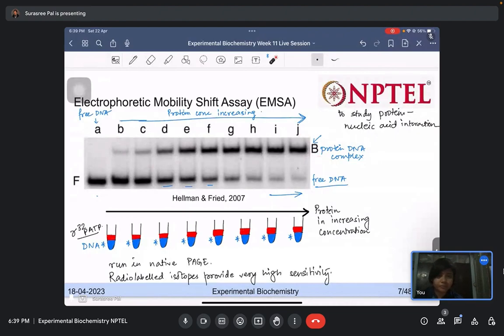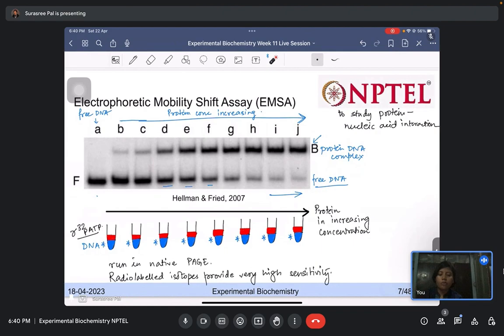So therefore, it is essential to keep in mind that in this particular experiment, even though we can see the free ligand and the bound ligand simultaneously, detection of the concentration of bound ligand, the protein DNA complex, is dependent on the appearance of the bands on the gel, right?